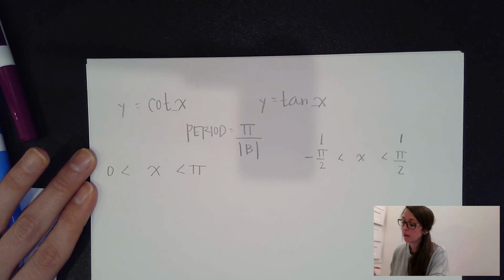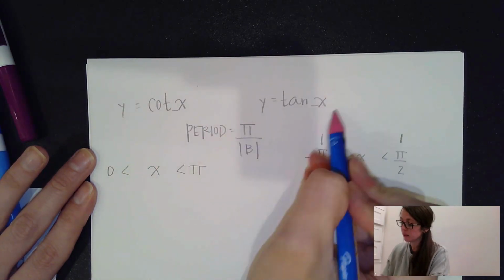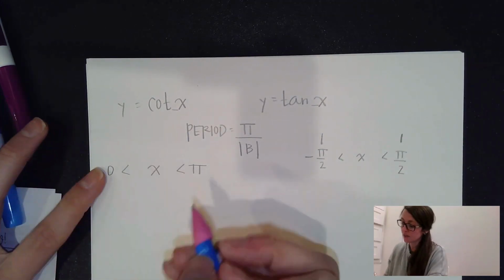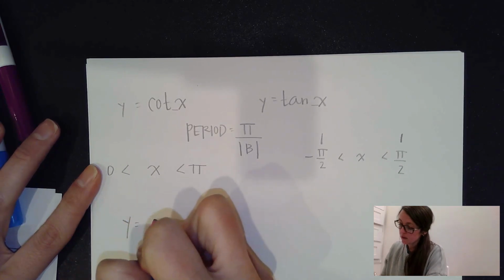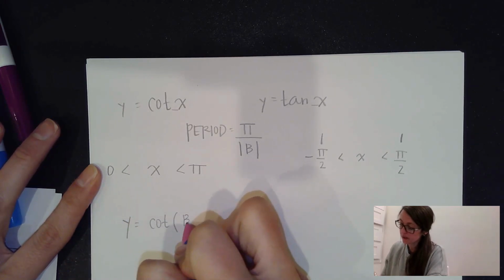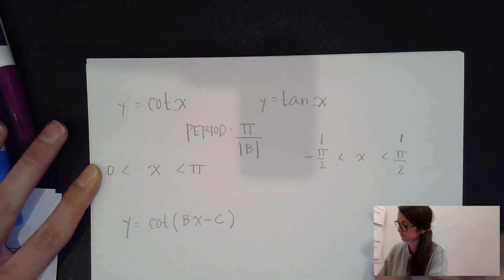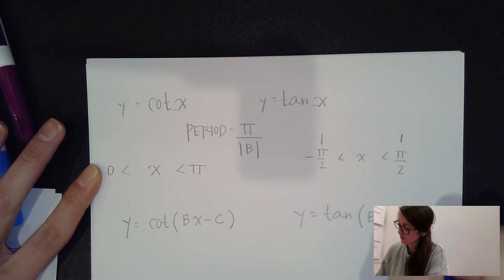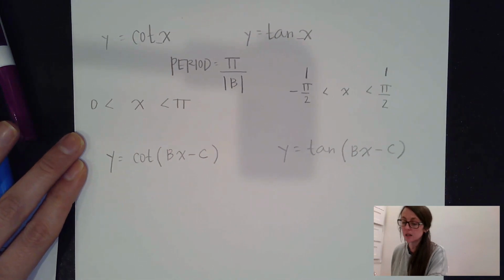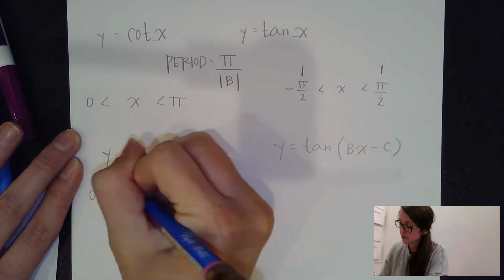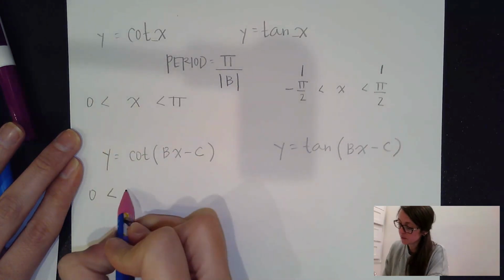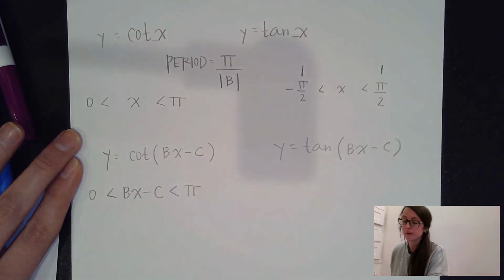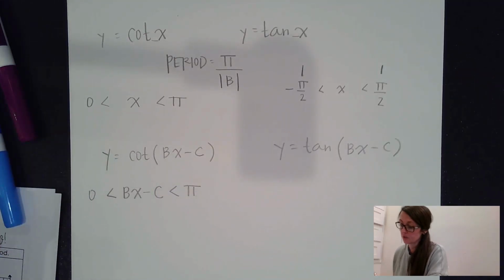But when there's something inside your tangent or your cotangent, you need to set that inside of here. So what is your standard form? This would be tangent of bx minus c. So when there is something inside of the function, you would need to set what it's bounded in between: you would put that bx minus c in between 0 and pi if it's a cotangent.